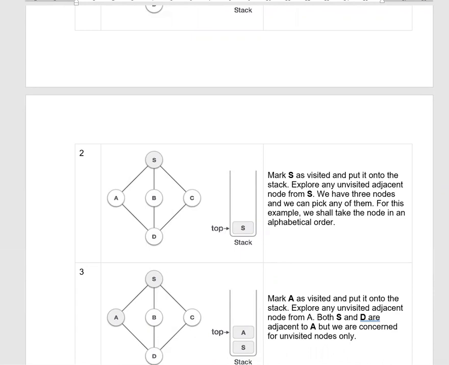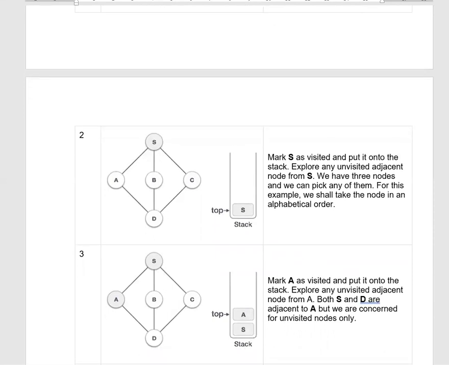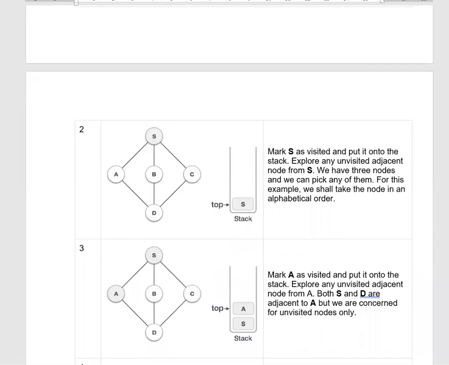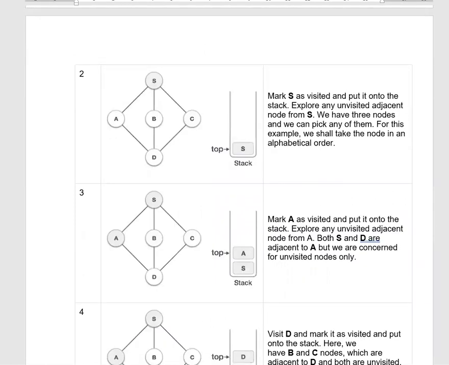Then explore any unvisited adjacent node from S. We have 3 nodes and we can pick any of them. For this example, we take the nodes in alphabetical order. Okay, so after S we can pick A, B or C, anyone, but first we pick A, because we go in alphabetic order, so we put it in the stack.